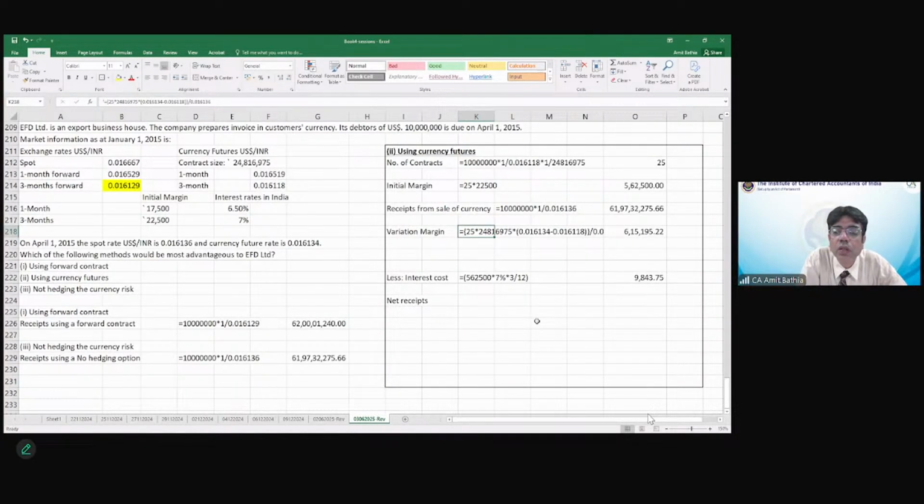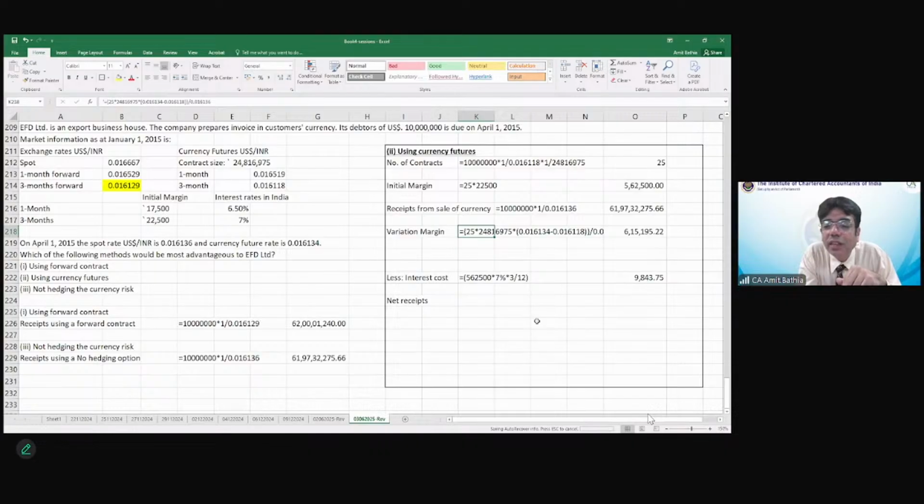So at the end of the day, whatever variation margin I will receive, I am going to convert that at what rate? Imagine this is the dollar which you are going to get. Say, for example, you are going to get $1, right? Because what you are doing is, it is USD upon INR, right? So it is basically, we are thinking that this is INR, but actually it is happening at what rate? This is a dollar. Dollar rate. Right?